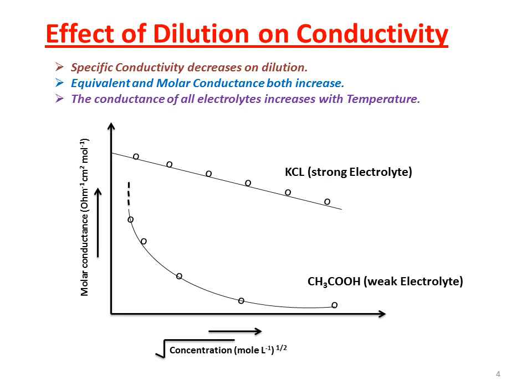You should know that specific conductivity is different from molar conductivity and molar conductivity is different from equivalent conductivity. Specific conductivity, as we mentioned in lecture number 1, is the conductivity of an electrolyte whose volume is specified.